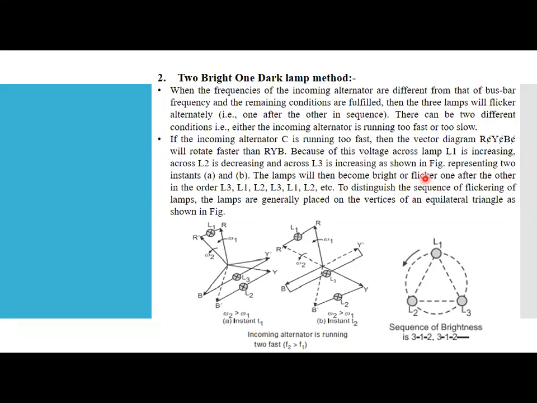Either they become bright or they flicker. And what is the order? L3, L1, L2, again L3, L1, L2, meaning L1, L2, L3, L1, L2, L3, L1, L2, L3. So this is the triangle for that.